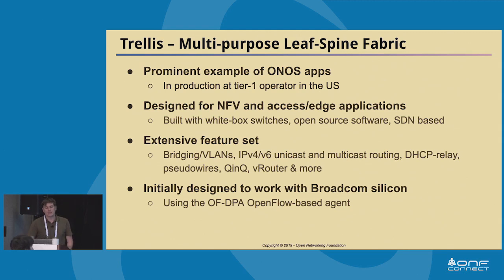It provides an extensive feature set, such as support for simple things like bridging, VLANs, IPv4 and v6 routing, multicast, the ability to integrate with external routers like BGP speakers, support for double VLAN tags like QinQ, pseudo-wires, and more.